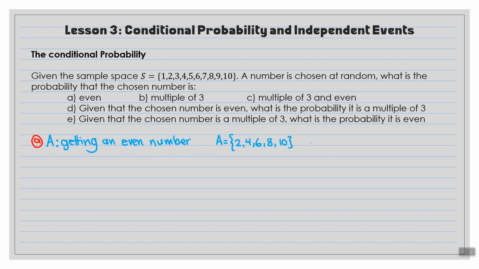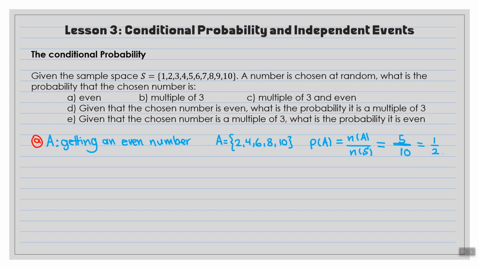So the probability of getting an even number is the probability of A, which is going to be the number of elements in A over the number of elements in the sample space. This is the formula that we have discussed before. And the number of elements in A is 5 elements. Just count them in front of you. And the number of elements in the sample space is 10. And 5 over 10 is simply 1 over 2.